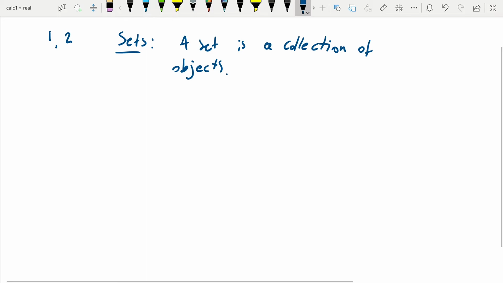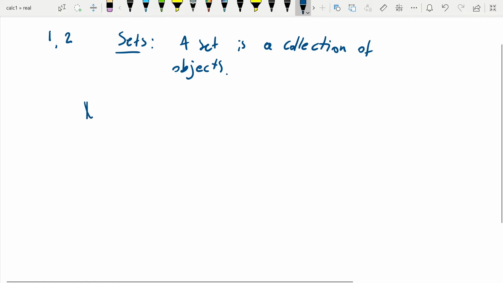So we just assume that everything here is well defined. It's a collection of objects, and there's a correspondence with propositions also, because basically everything that we'll define for sets will be in terms of propositions being true.